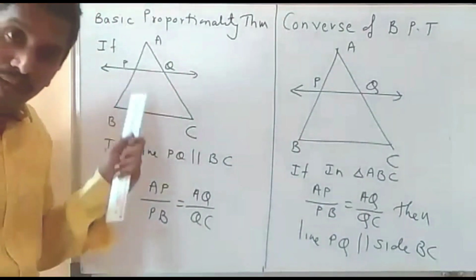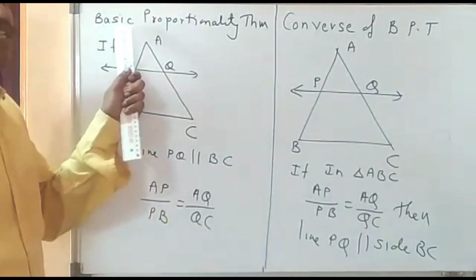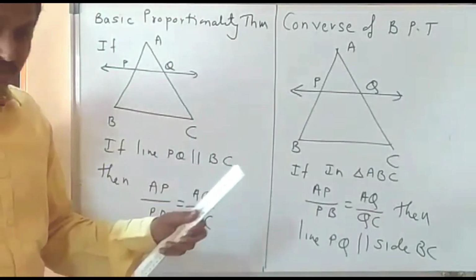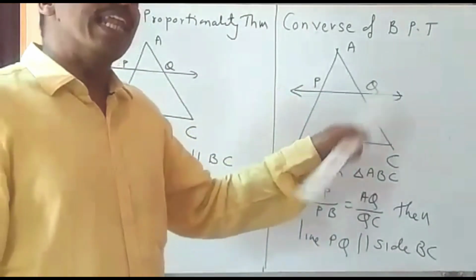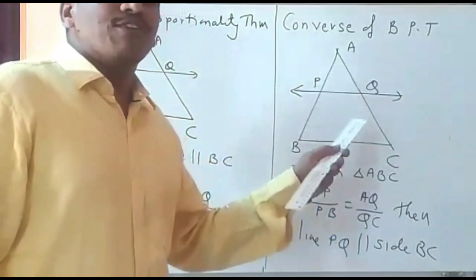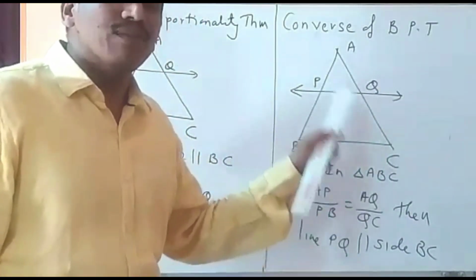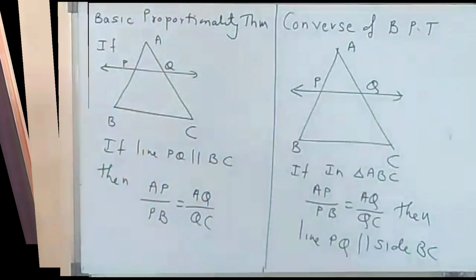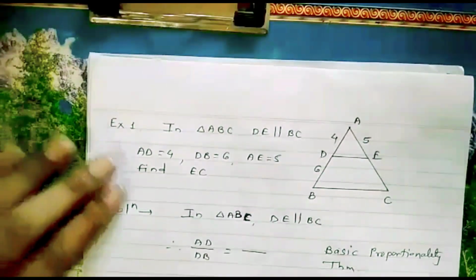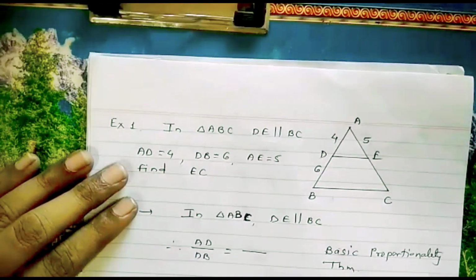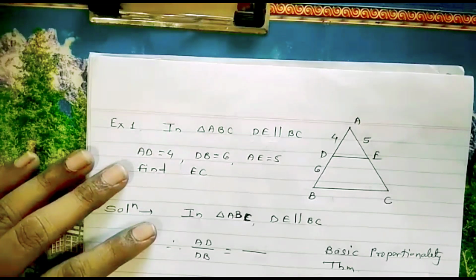When line is given parallel, we'll use basic proportionality theorem. And when I have to prove a line is parallel to one side of a triangle, in that case I will use the converse of BPT. Let's start some questions based on basic proportionality theorem and converse of basic proportionality theorem.